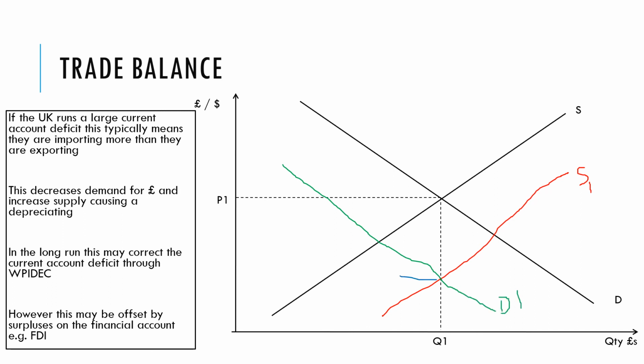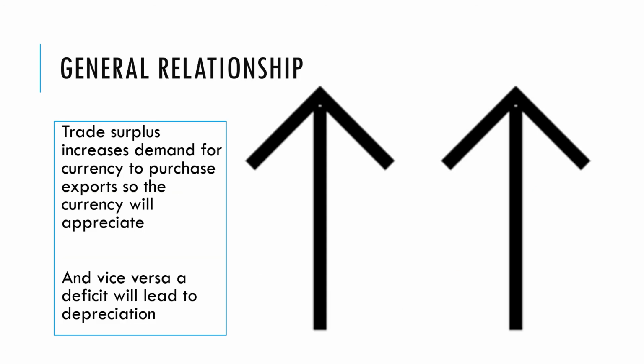So the impact of running a trade deficit with America would be we'd expect the value of the pound against the dollar to fall. So a general relationship here, trade surpluses should see an appreciation, and again vice versa, a deficit will lead to depreciation.